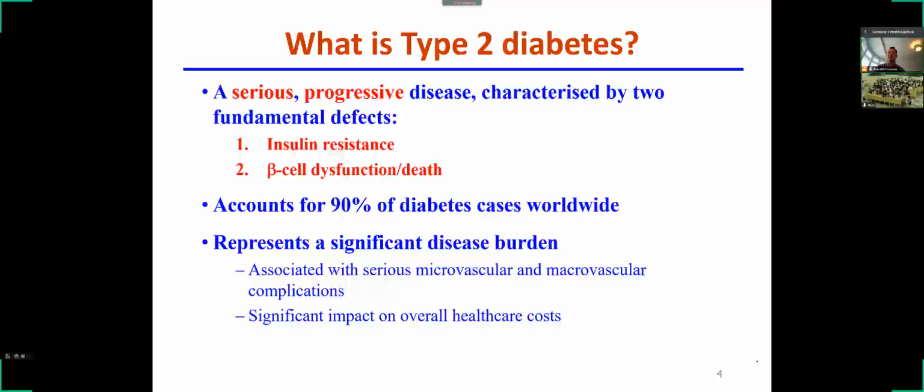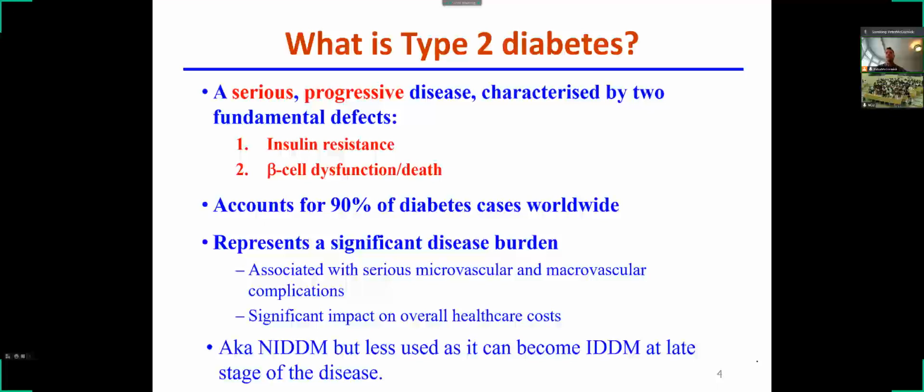It can also impact things like dementia. Remember, we had this term insulin-dependent diabetes. Well, this is non-insulin-dependent, but that term is not usually used anymore. So we'll stick to type 2 diabetes.